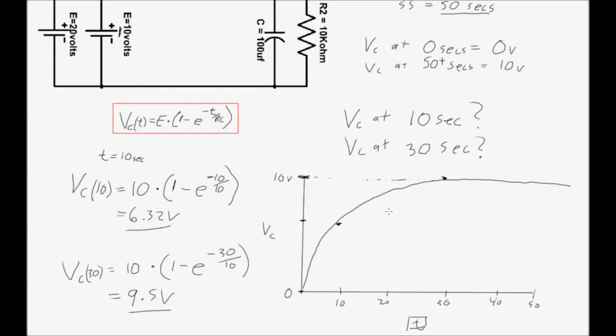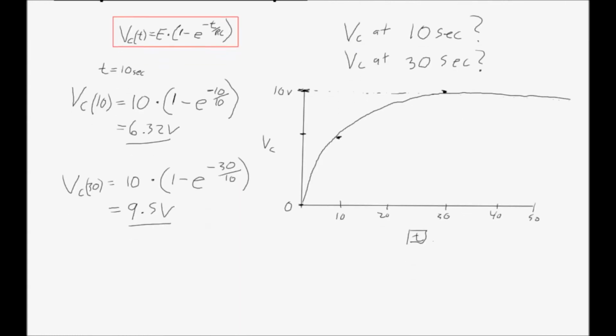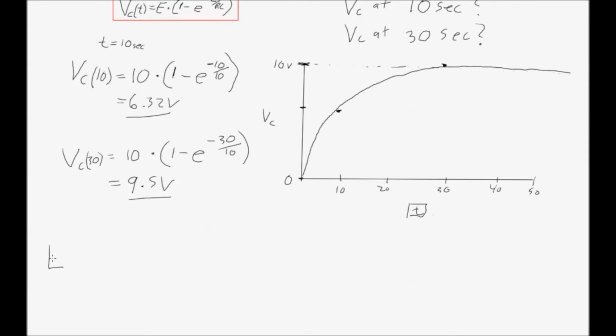Here's a question. After 10 seconds have expired, what's the current in the circuit? Going back to our initial circuit diagram, let's just say I at 10 seconds equals what? How would you figure that out? Well, you have an initial voltage from the power supply, E of 10 volts.